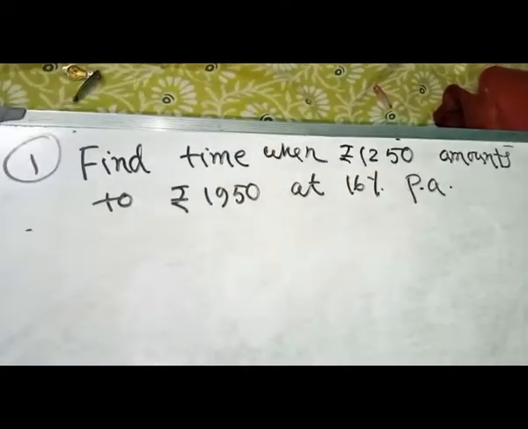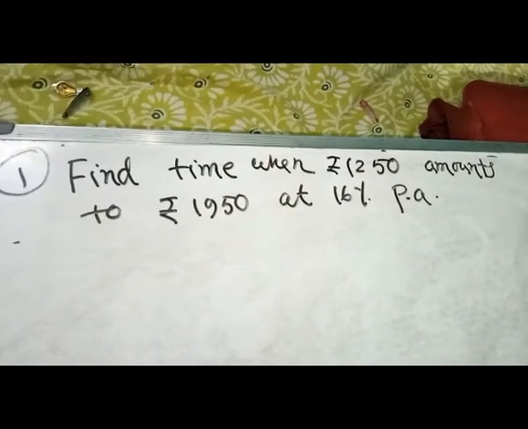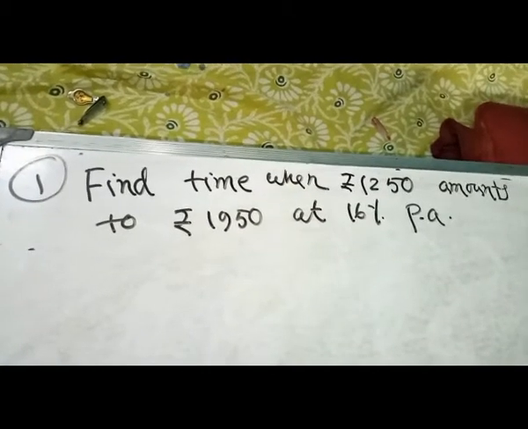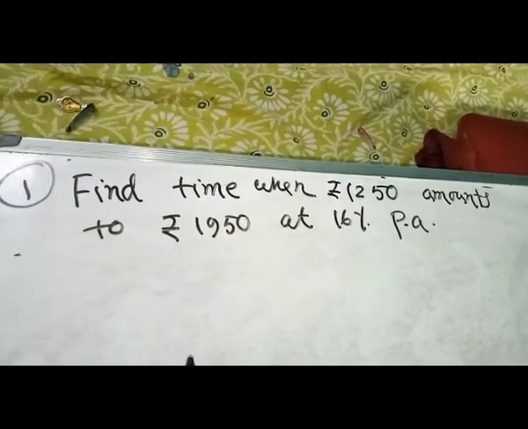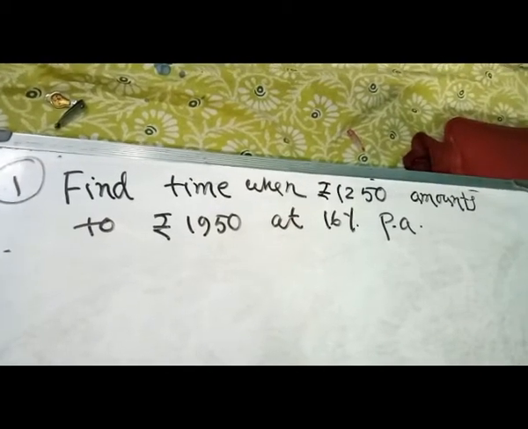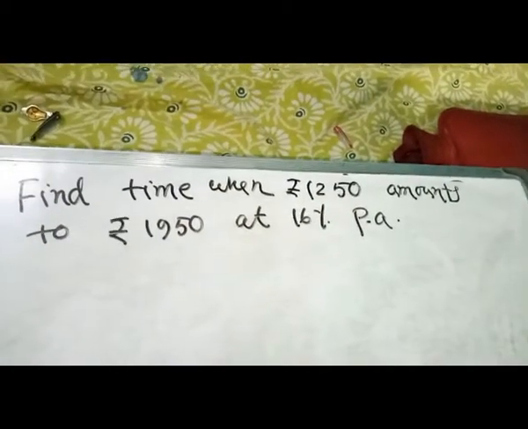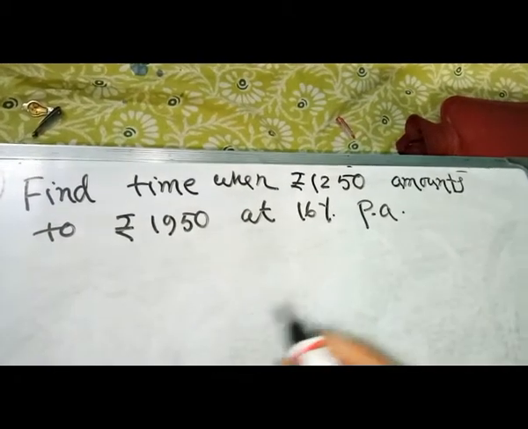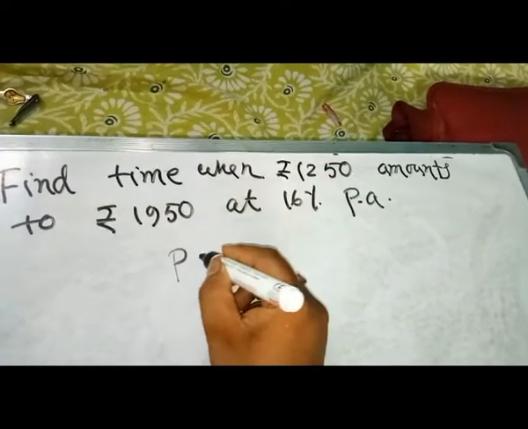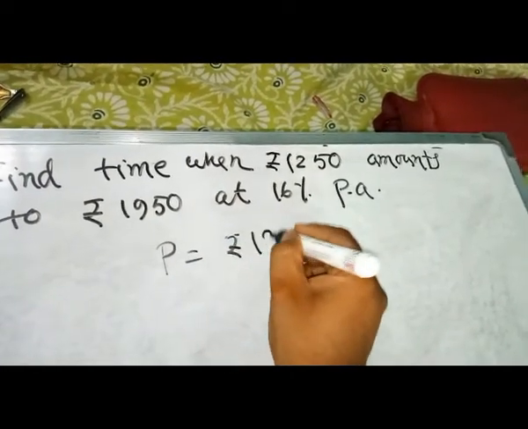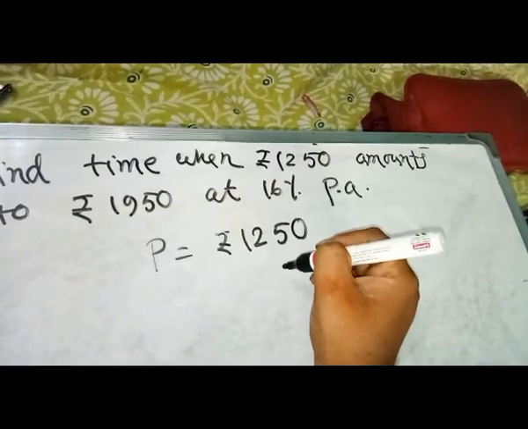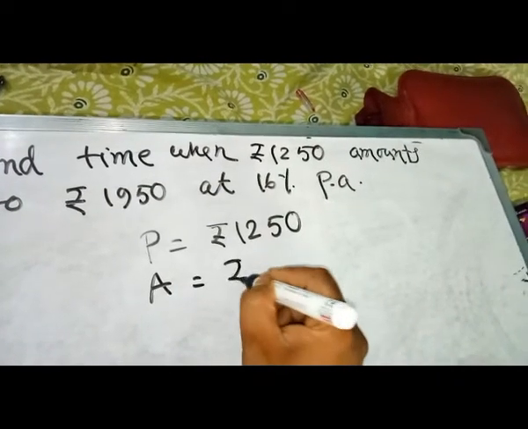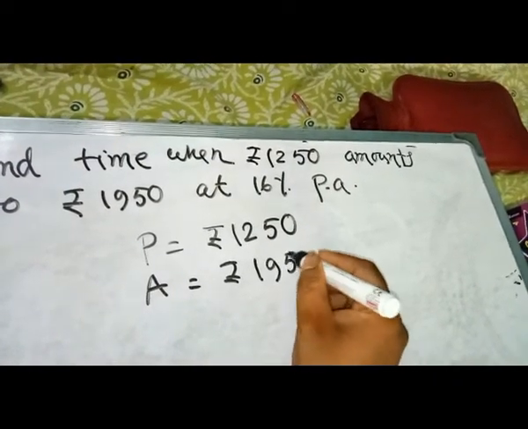First, that day I told you that whenever you are going to read a sum, at that time the details which are given, you first copy them. Here, find time. So time you have to find out. When rupees 1250, meaning 1250 is the principal, amounts to rupees 1950, meaning 1950 is the amount. So here I am writing P equals rupees 1250, amount equals rupees 1950.